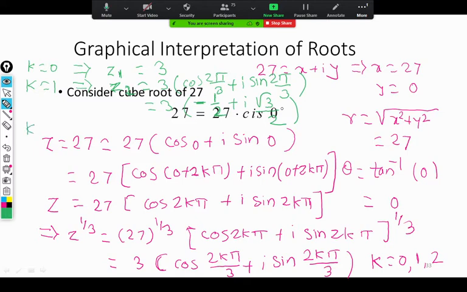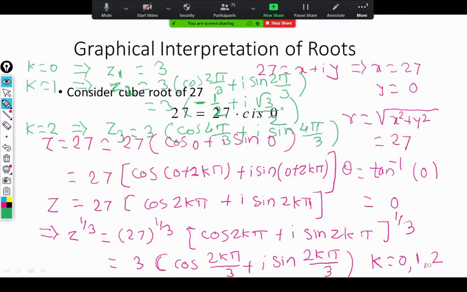So next, k equal to 2. We get the third root Z3, that is 3 times, if we replace k by 2, cos 4 pi by 3 plus I times sine 4 pi by 3.